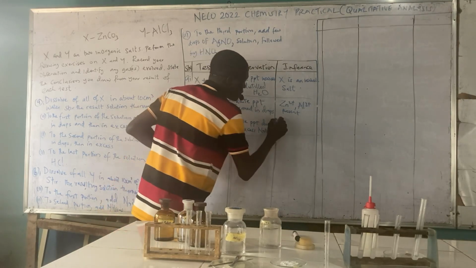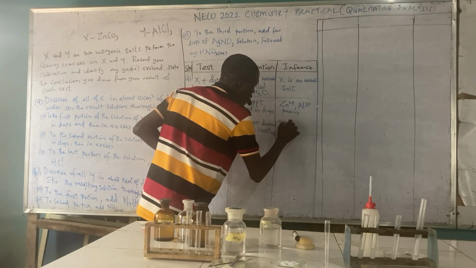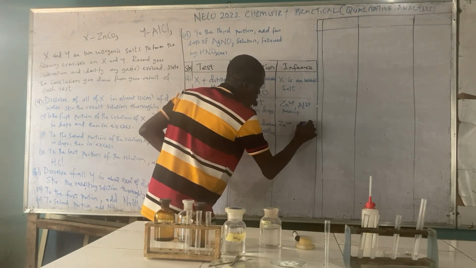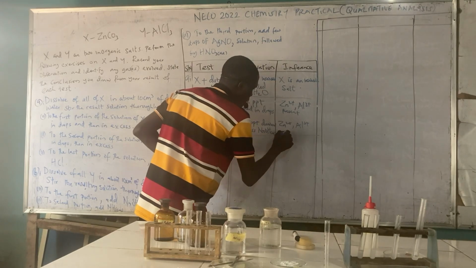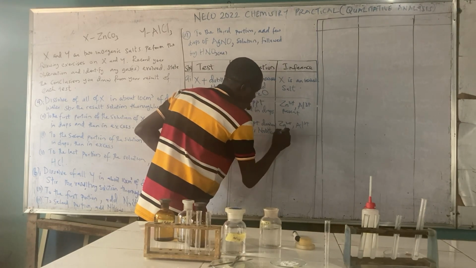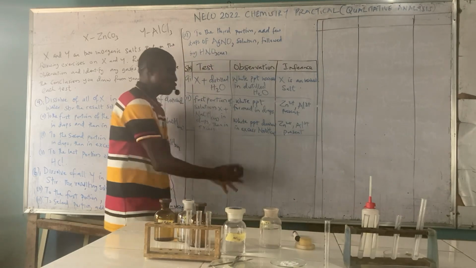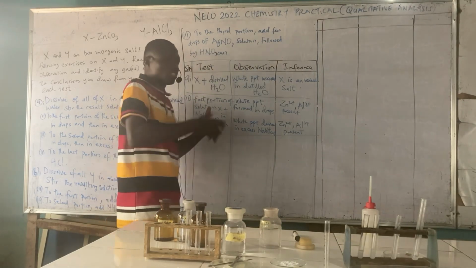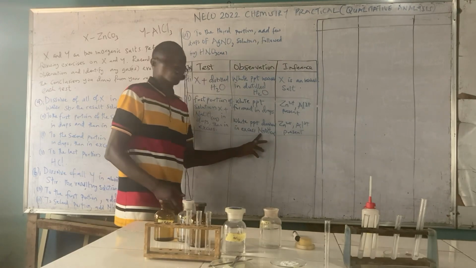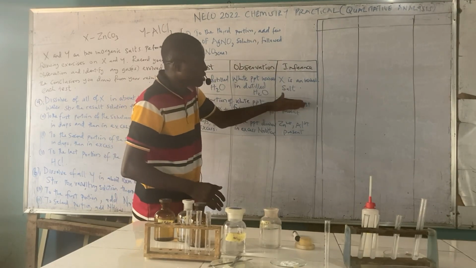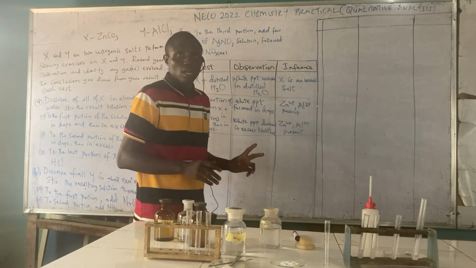So one thing you can be sure of is that zinc 2 plus and aluminium 3 plus are present, because these are the two ions that have the ability to form white precipitate and dissolve later in excess sodium hydroxide. So that's why we can say that yes, we have zinc and aluminium present.